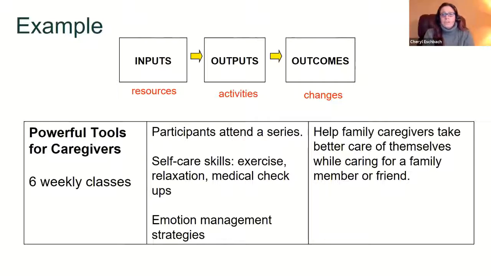And then we look at the far right would be the outcomes of that. So overall, we really hope to help family caregivers take better care of themselves and take better care of the people that they're caring for as caregivers. So that's an example of, in the simplest form of a logic model, how it all connects together.